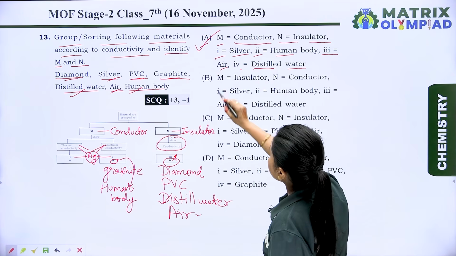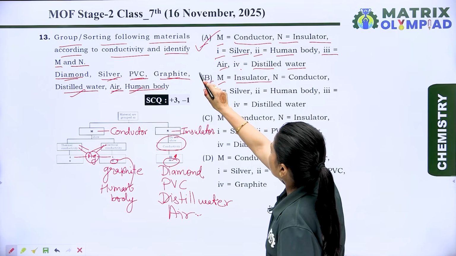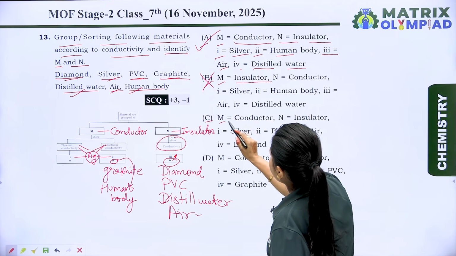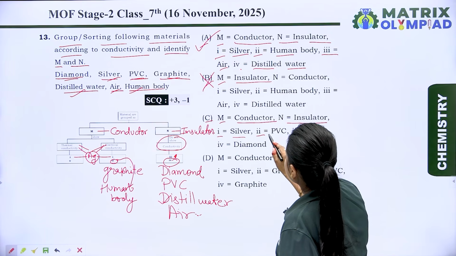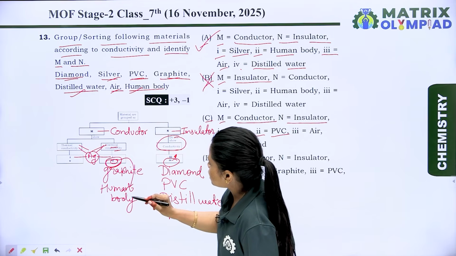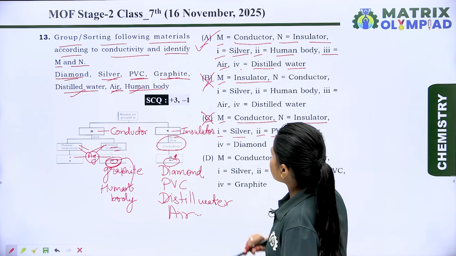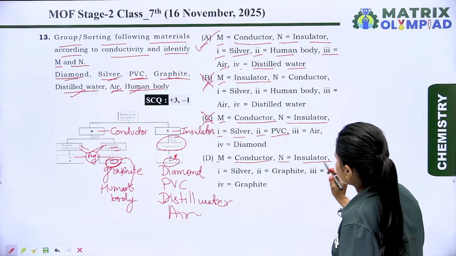Let's check the next options again. Option B, M insulator. No, it is wrong. C, M conductor, N insulator. First is silver. Second is PVC. No, second is electrical conductor, so PVC is not taken here, so C becomes wrong. D, M conductor, N insulator.